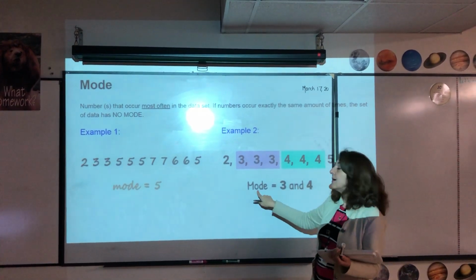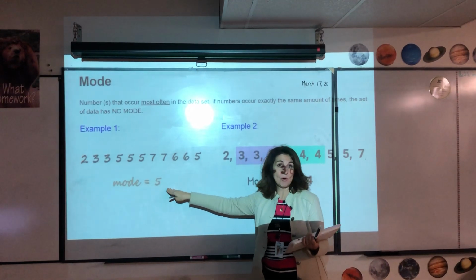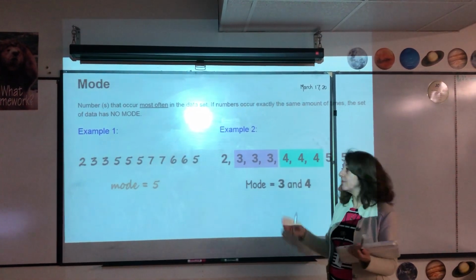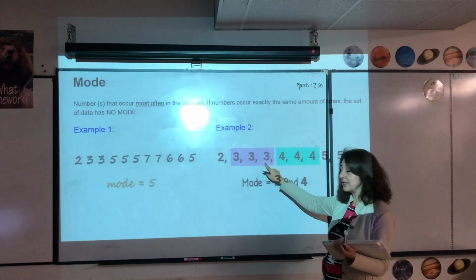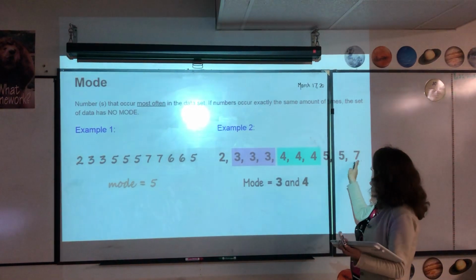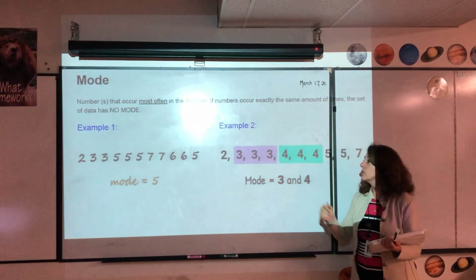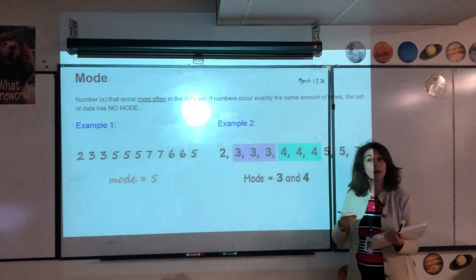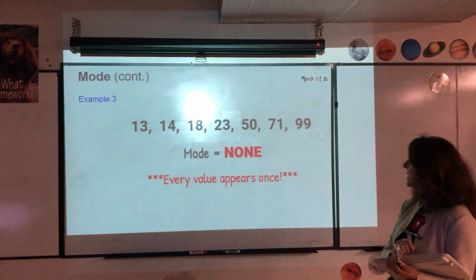Now instead of having just one mode like in this example here, I have 2 modes. Mode 3, because it appears 3 times, and mode 4, because it appears 3 times. All the other numbers appear fewer times than that. So these 2 here are the ones that I write down. I have 2 modes for this example.